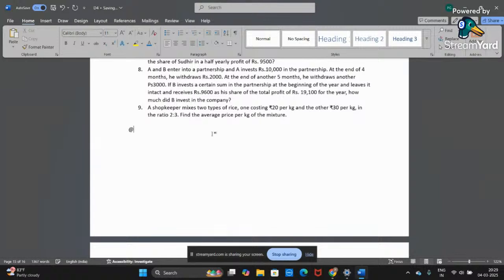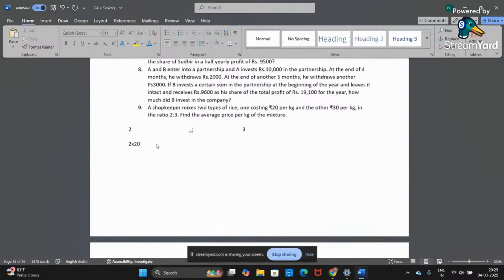Here the ratio are 2 and 3. Right. 20 rupees per kg is mixed in a ratio of 2 and 30 rupees per kg is mixed in the ratio of how much? 3.